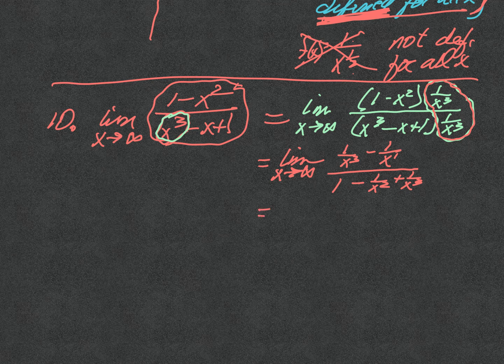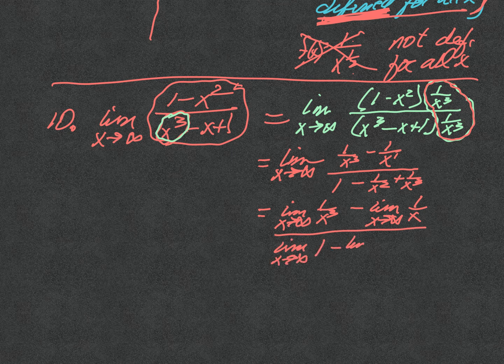And so essentially, I'm taking the limit as x approaches infinity of 1 over x cubed using my limit theorem of sums, minus the limit as x approaches infinity of 1 over x, divided by the limit as x approaches infinity of 1 minus the limit as x approaches infinity of 1 over x squared plus the limit as x approaches infinity of 1 over x cubed.